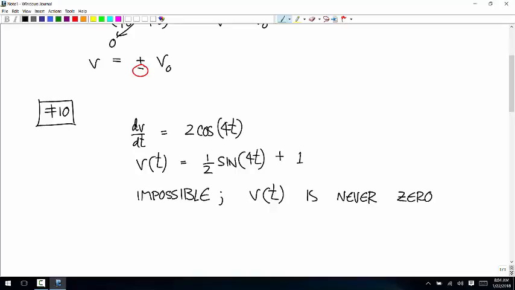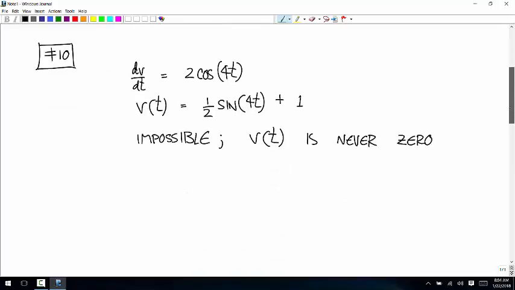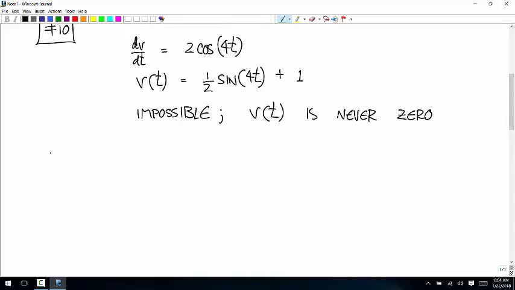A ball is thrown straight up into the air with an initial speed of 5 meters per second from an initial height of 1 meter. How long does it take to hit the ground? How fast is it moving just before it hits the ground? Okay, so number 4.